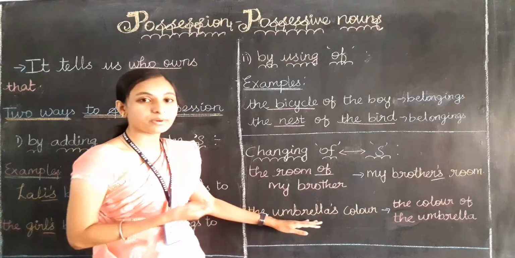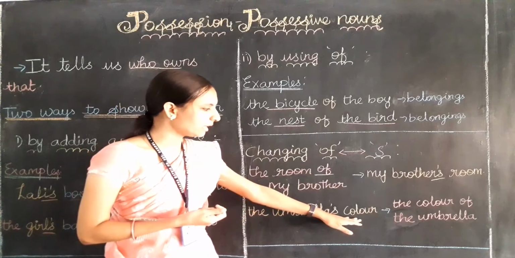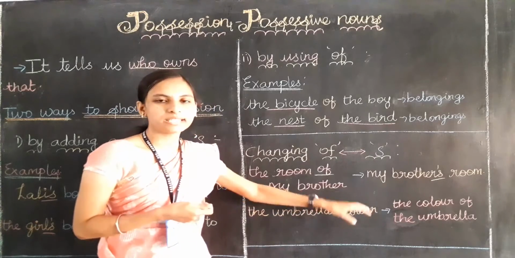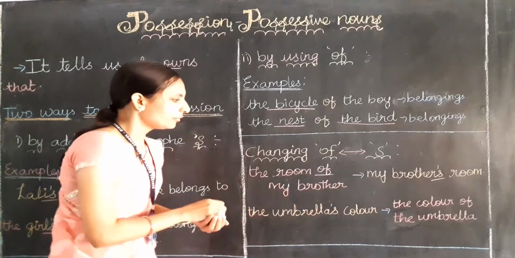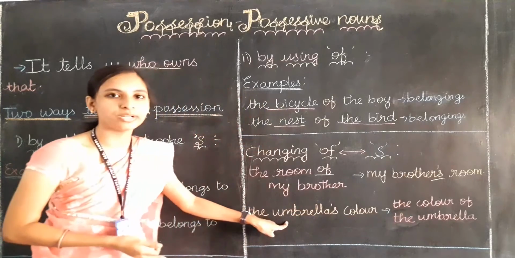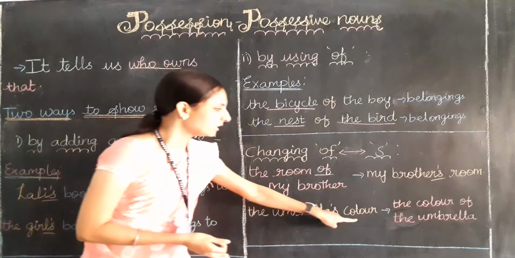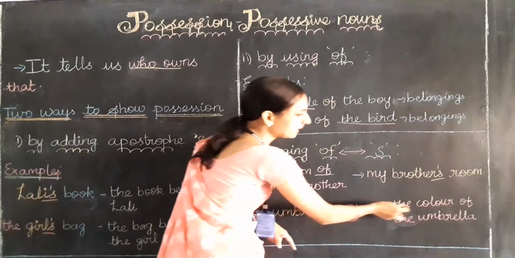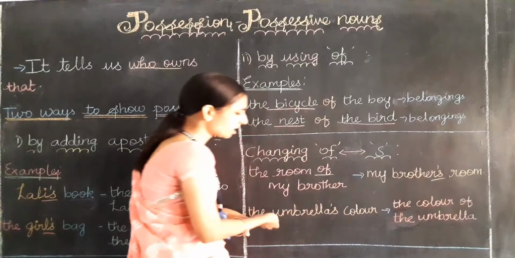So here the name of the thing comes first, and the color they are talking about comes last. Now we are going to write the color first, then the thing name, the owner. The color belongs to the umbrella only. So I am going to write the color of which thing.